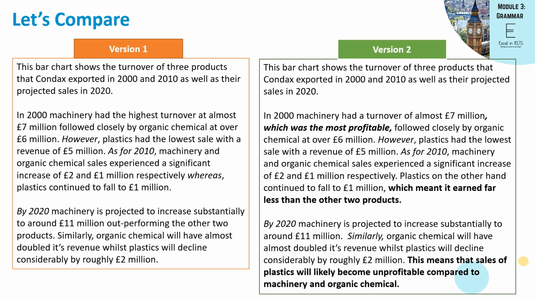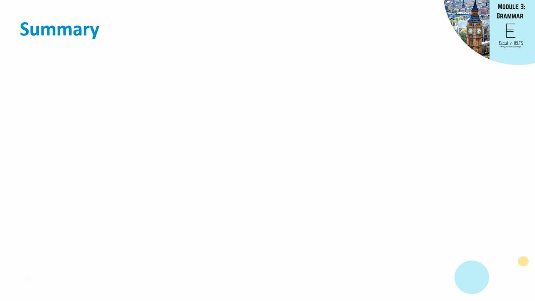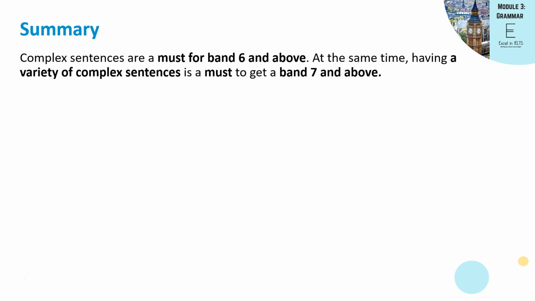So that brings us to the end of this lesson. I'm now going to summarize what we've learned in this lesson and the previous lessons to do with complex sentences. Now, to get even a band 6, you need to show that you've used 1 to 2 different complex sentences. And to get even higher than that, you have to show a variety of complex sentences.